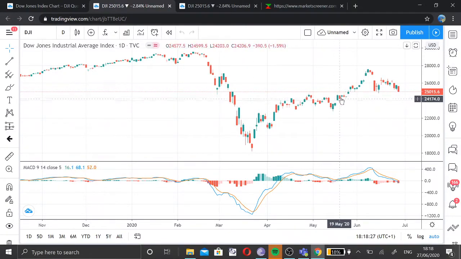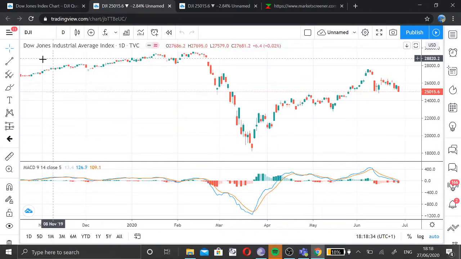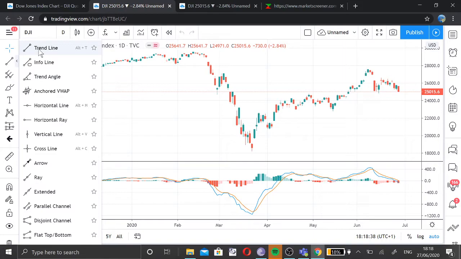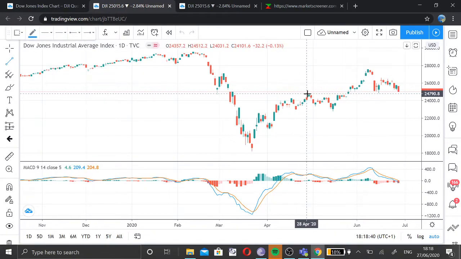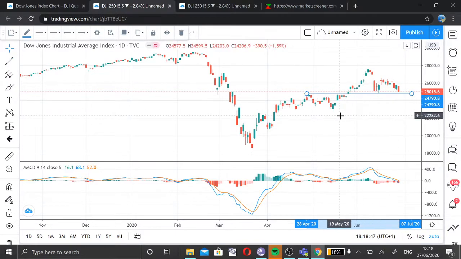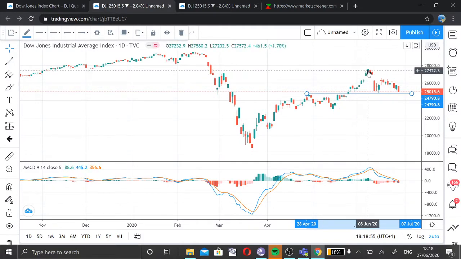It made a really nice up move when it broke out from the horizontal resistance, which you can see on the chart over here. Let me just draw you a trend line. As you can see here, when it broke out this particular horizontal resistance, it made a really nice up move.